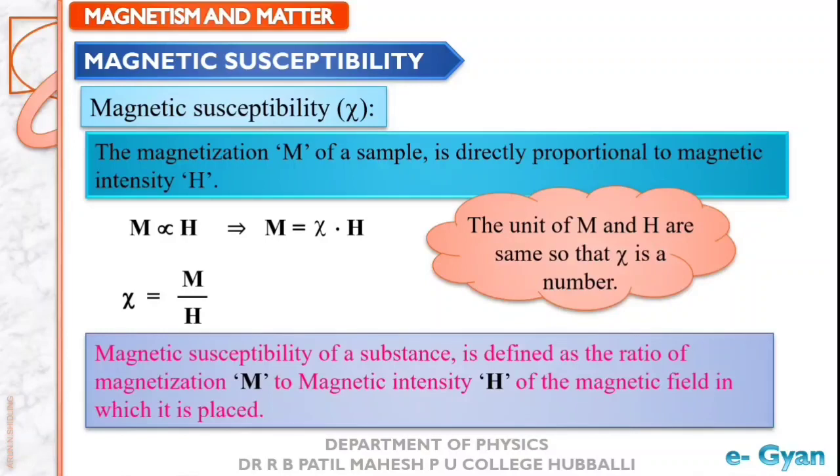So chi is a unitless quantity, and chi is nothing but magnetic susceptibility.